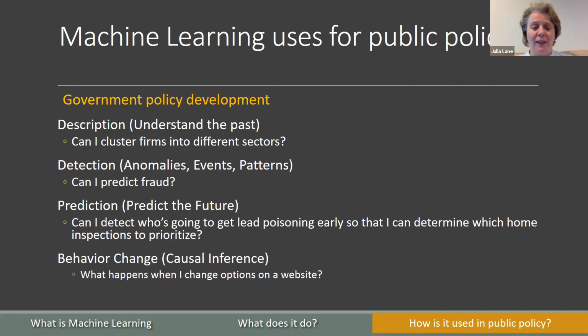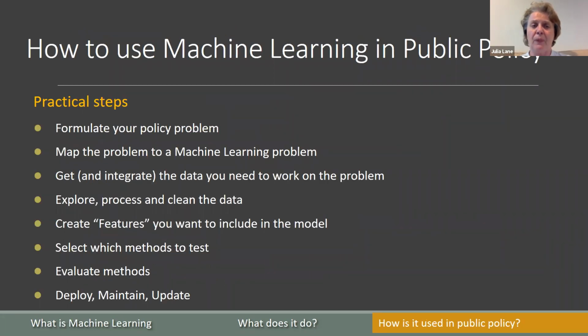Trivially, in terms of behavioral change, normally, we don't use machine learning for causal inference, but you can use it. Amazon, for example, is famous for having what's called A/B testing, where you change the color or you change the position of a particular piece on their website, and they use it to try and figure out how does it change behavior, does it induce you to click on it.